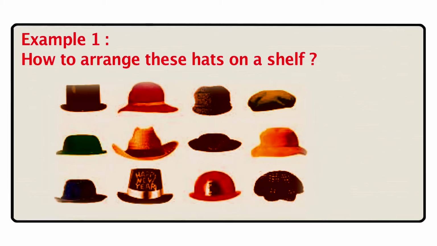Now how would he arrange these hats so that a person coming to the shop looking for a particular type of hat or similar type of hats would go to a particular shelf and find what he needs? Now you can see that these hats are of different types. So there must be some criteria by which we can separate them into different shelves. That is the problem of partitioning.